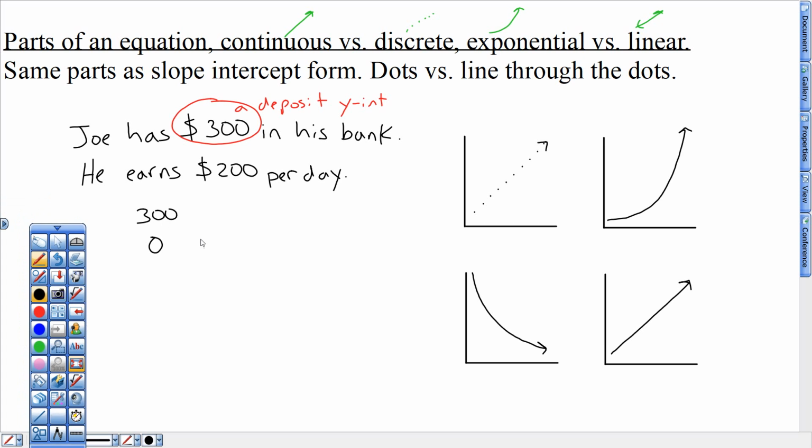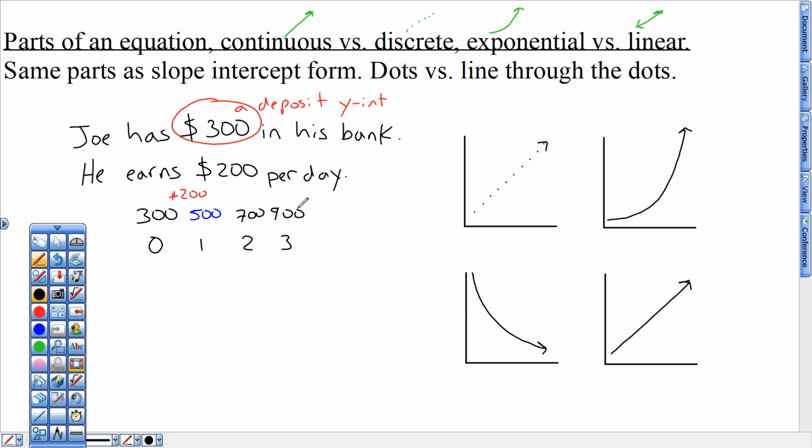After one day, increasing your total by 200 because you're earning 200 a day, your first term would be 500 right there. That's how much money in the bank now. After 2 days, up to 700. 3 days, up to 900.